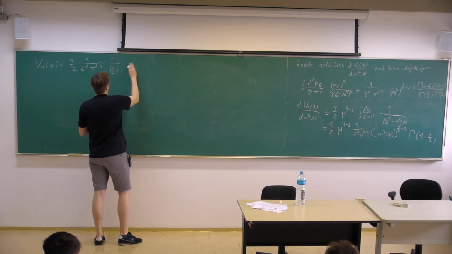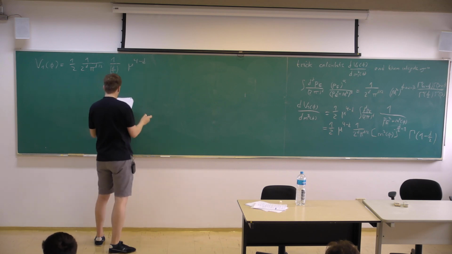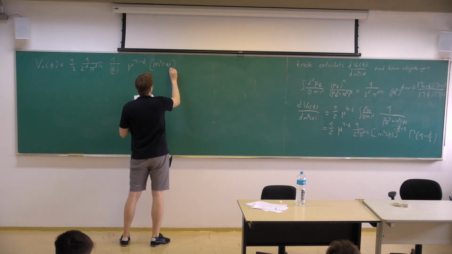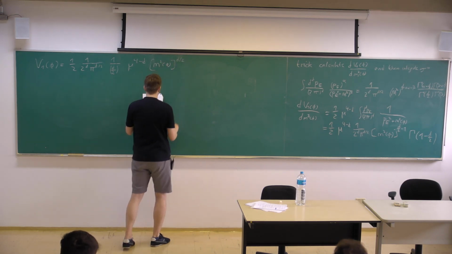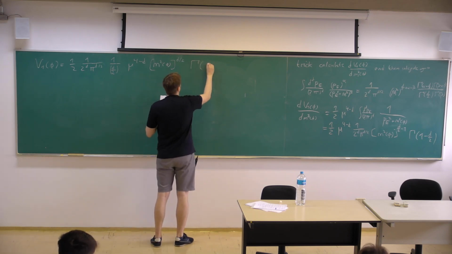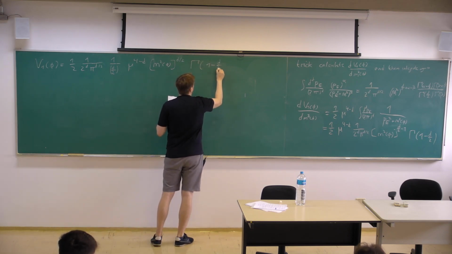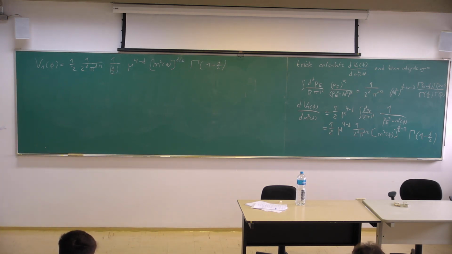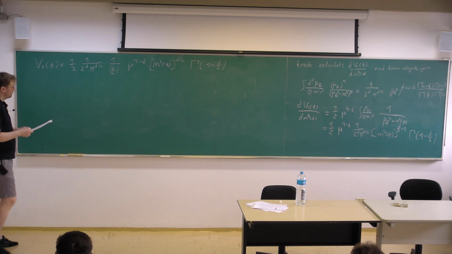I still have this compensating mass scale here. I get m squared of phi to the d over 2. And I get this gamma function of 1 minus d over 2. Okay, so now we're almost there.